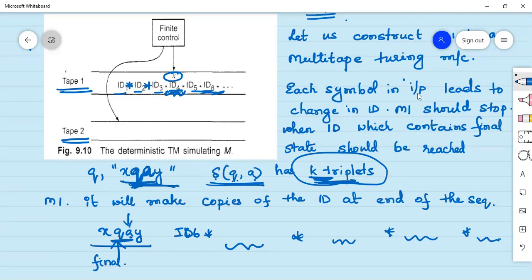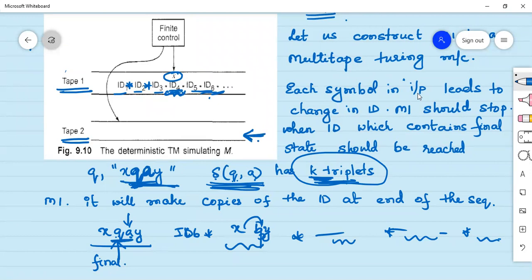For example, A might be changed to B and this Q might move to the right side and it may become P1 and something else like this. So M1 modifies these k IDs in tape 2 according to the k choices that we have. So where does it make the changes? In tape 2.